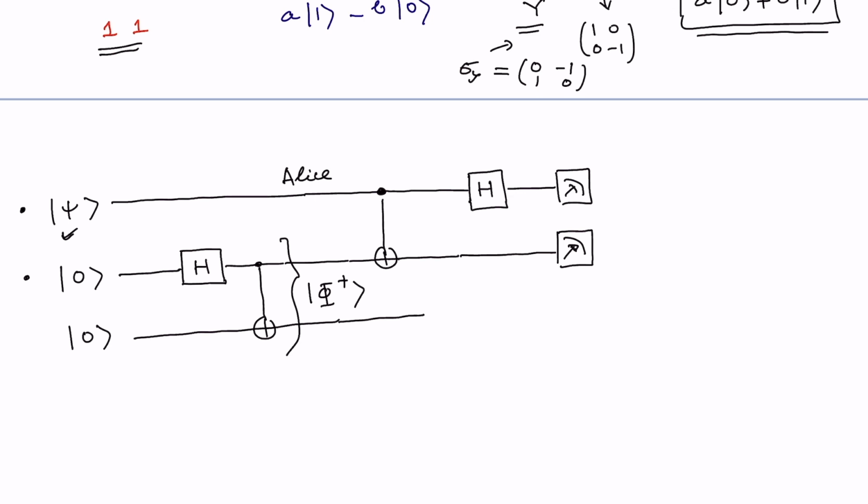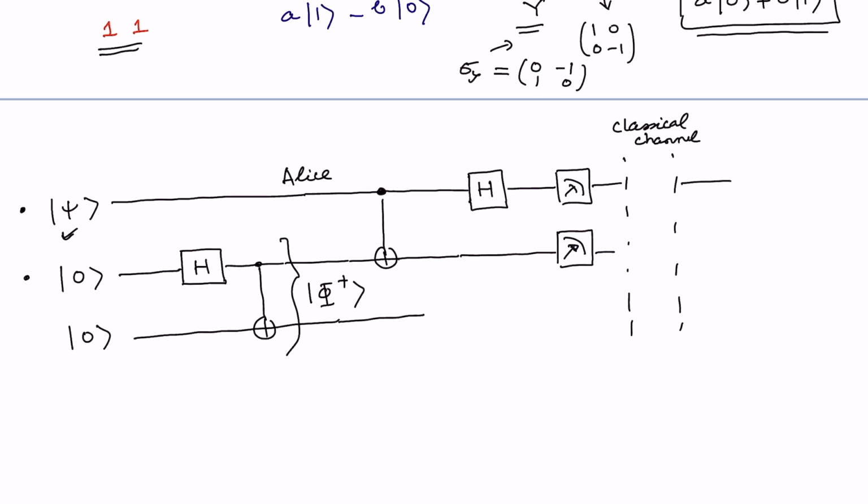This measurement result she is going to send to Bob through a classical channel. This is our classical channel, and the result is conveyed to Bob through it.